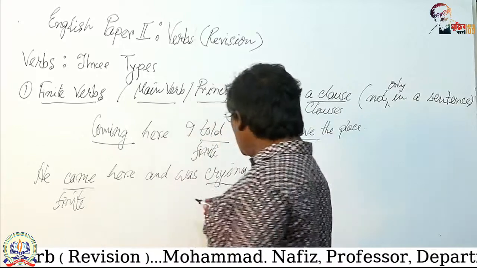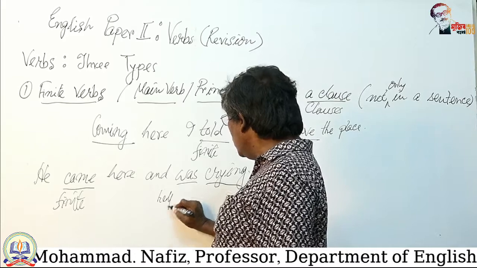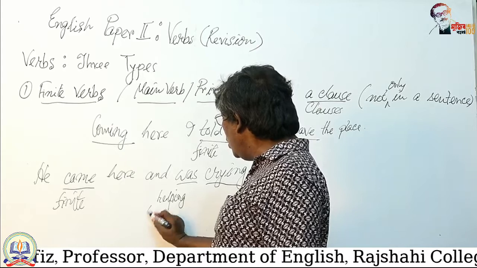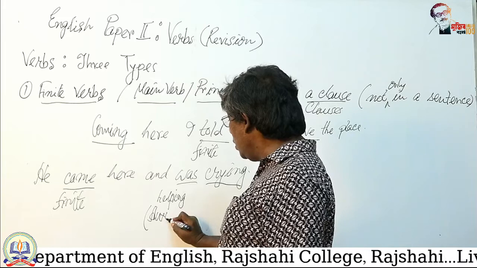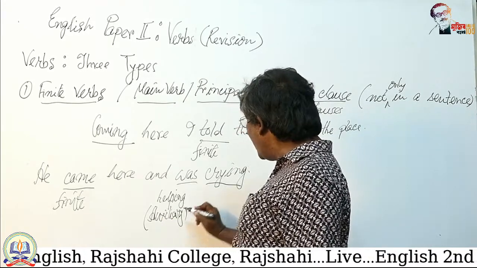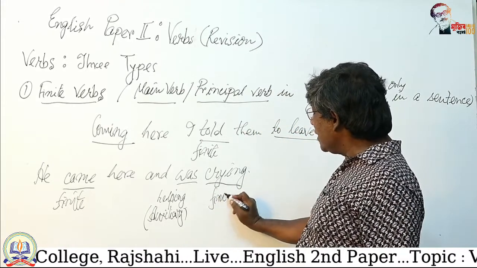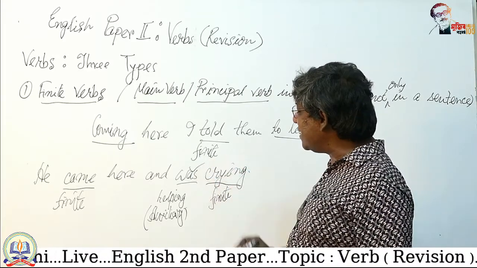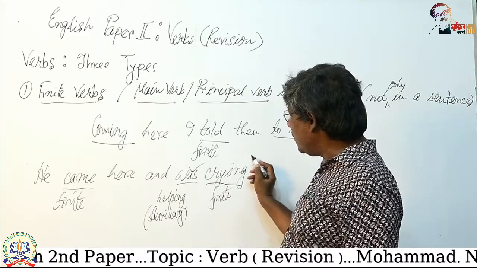That is, was is the helping or auxiliary verb for the finite verb crying. The function of was in this sentence is to determine the tense form of the verb crying.